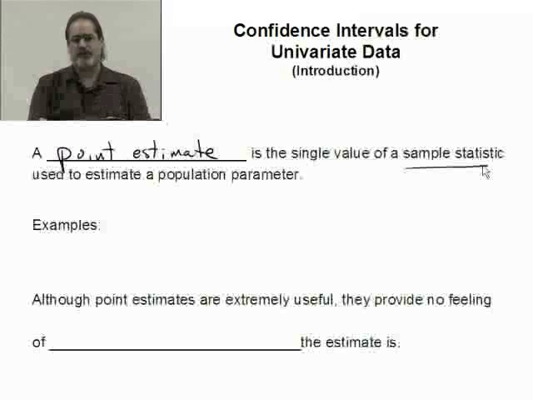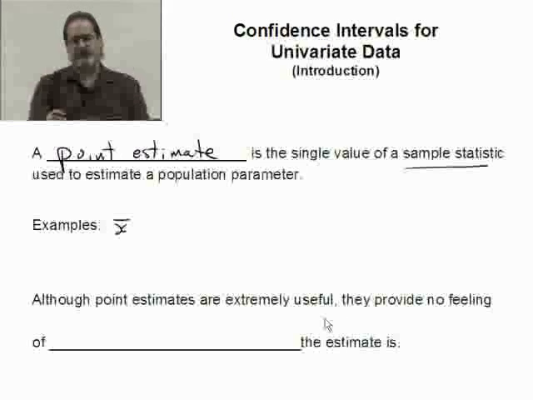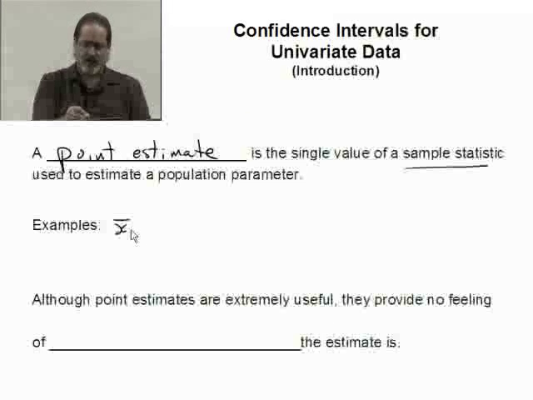If I were to ask you for your favorite point estimate in the whole world, a lot of people I'm sure would say, of course, X bar. X bar is a single value, hence point estimate. There's a single point along the number line someplace. Now, X bar, the sample mean, is used to estimate mu.